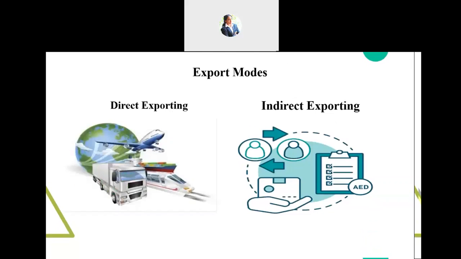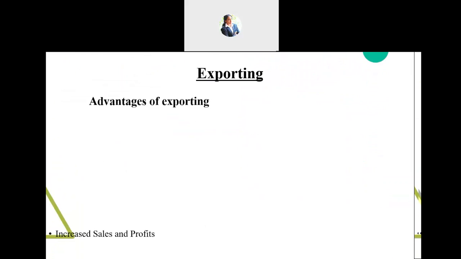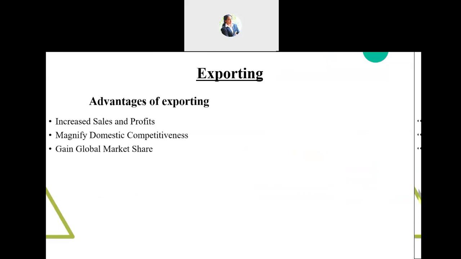Later we discussed the different types of export modes, and exporting has its own advantages and disadvantages. Now we already discussed that, but to mention each point by point, the advantages: exporting is a well established form of operating in foreign markets. Exporting is nothing but the marketing of goods produced in one country into another country.